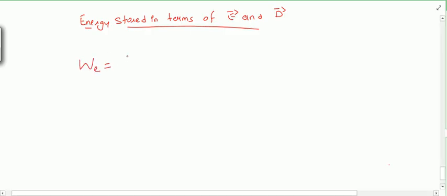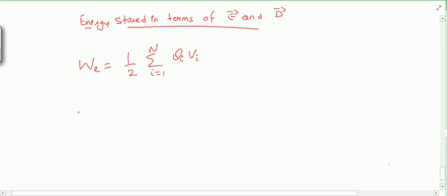So now we will write expressions for energy stored in terms of E and D. As you have written right now, energy stored is half of the summation of Qi Vi. In better form, half summation i equals 1 to n of Qi Vi.